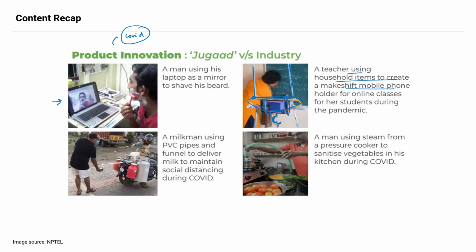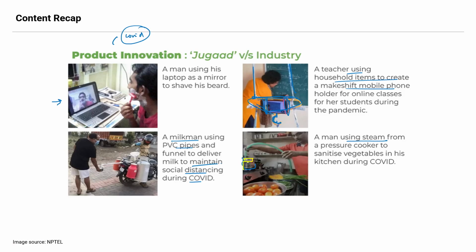And then there's this milkman who is using PVC pipes for the delivery of milk and maintaining social distance. And then a man using steam from the pressure cooker. Where is it? Let me take a different color. Color is not visible.